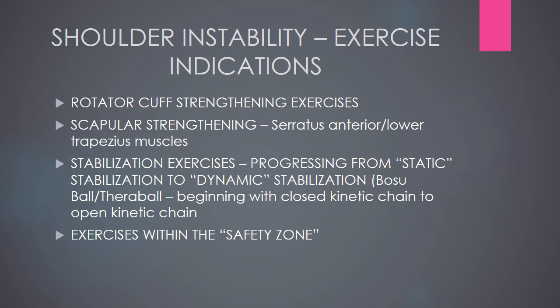Okay, so with shoulder instability, what do we do? Well, we want to implement rotator cuff strengthening exercises because, as we said earlier, when the capsuloligamentous structures are compromised and we have loss of structural stability due to laxity of the capsule and laxity of the ligaments, we rely then on the musculotendinous structures that cross the joint to kick in and to compensate, to contribute stability to the joint.